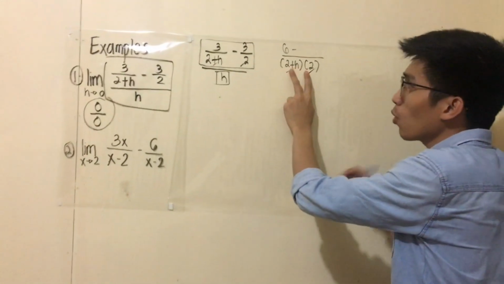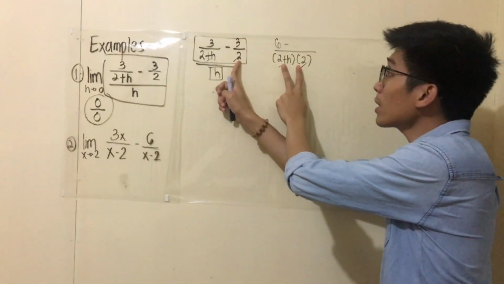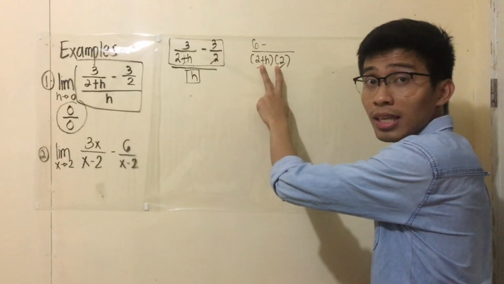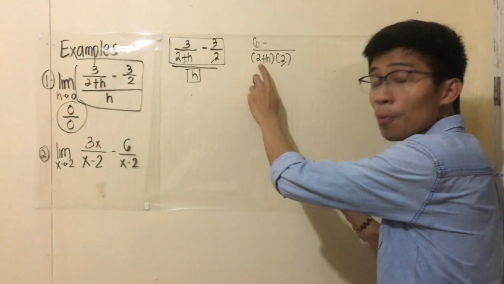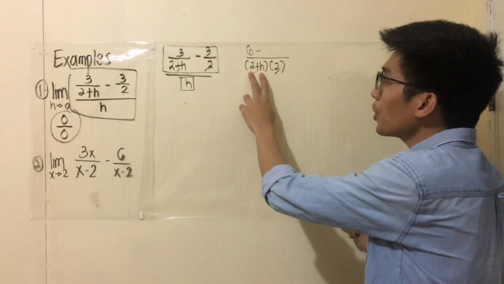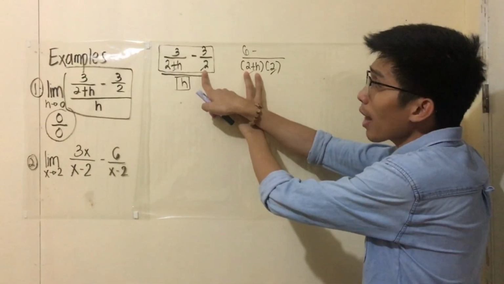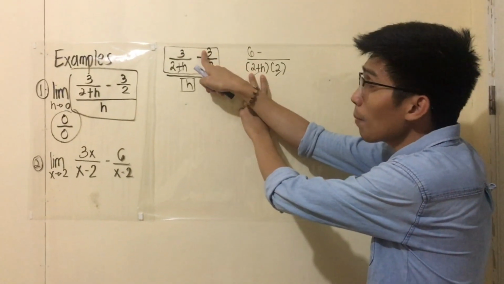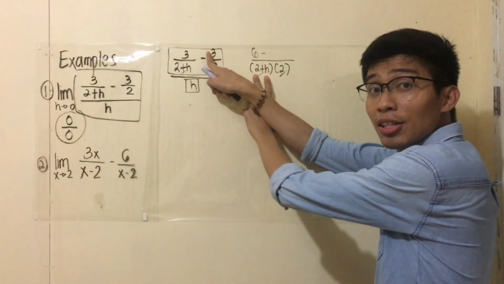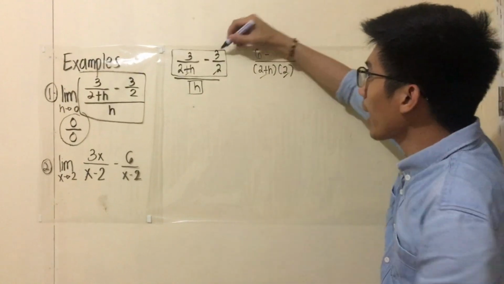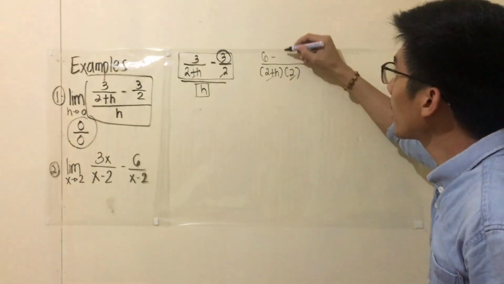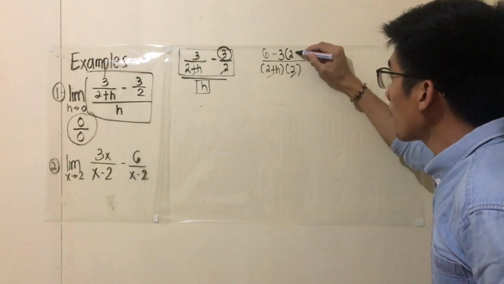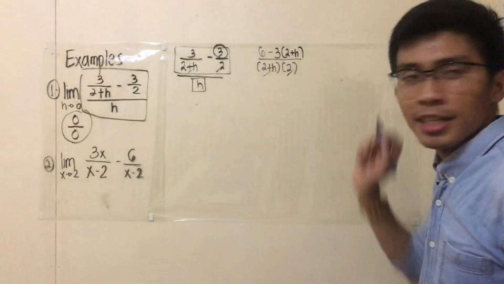Again, you divide this one by the 2, and obviously, you can cancel the 2. The remaining part of the LCD is the 2 plus h. Then you multiply that to your numerator. So again, your numerator here is 3. So you copy 3 and you multiply 3 by 2 plus h.